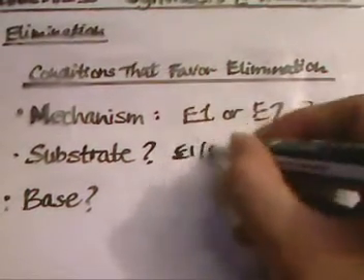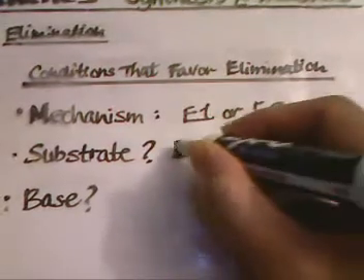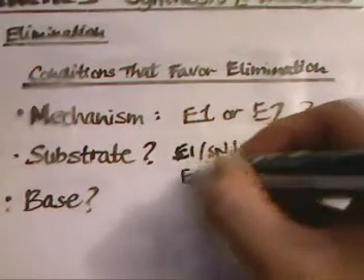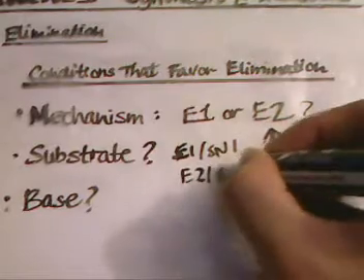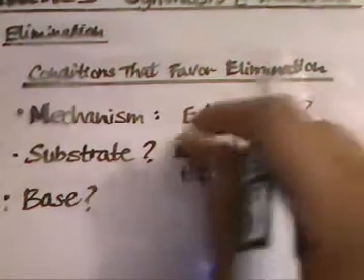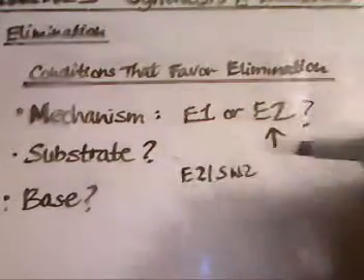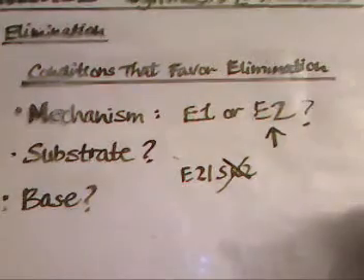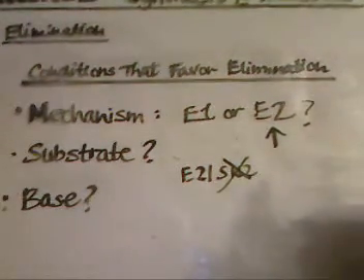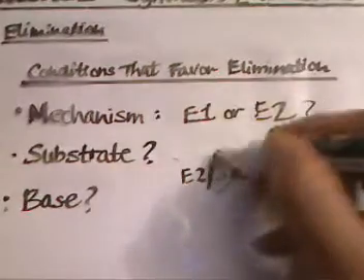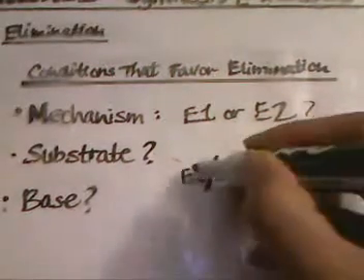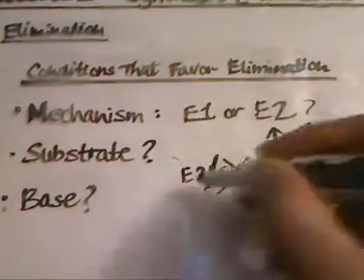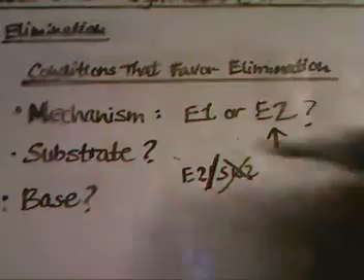E1 competes with SN1, but we're trying to make E2 happen. E2 competes with SN2. Choosing a tertiary substrate minimizes SN2 because they're the least suited for SN2 reactions, and it forces E2.